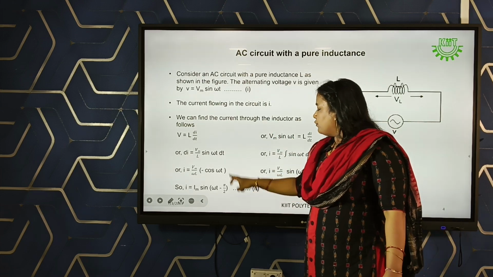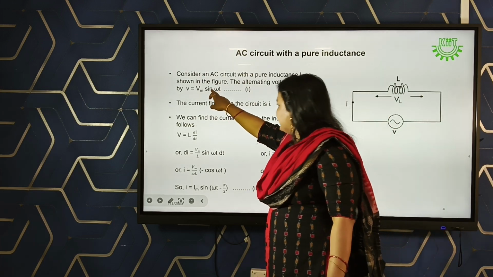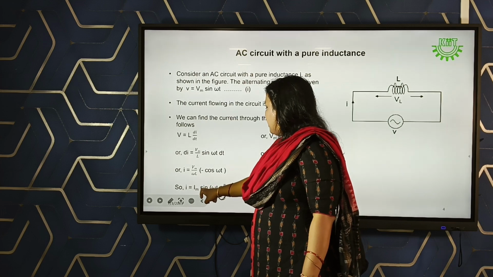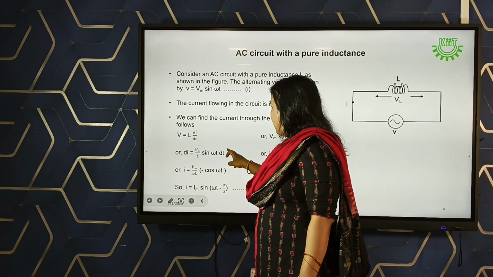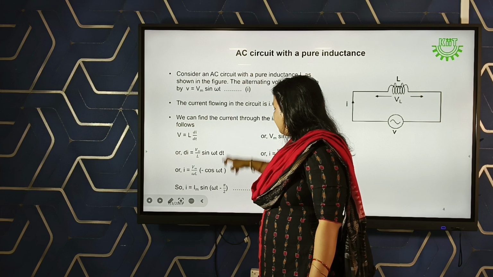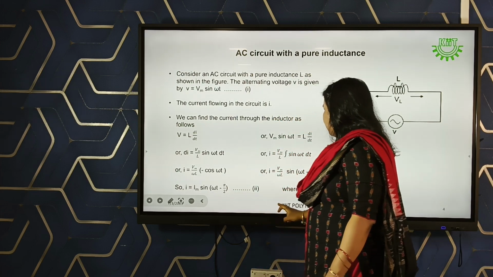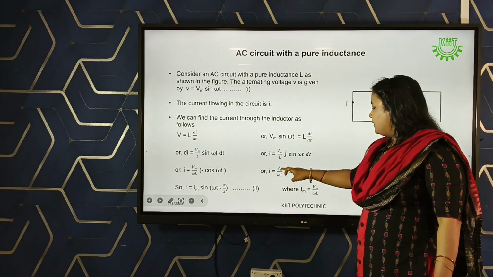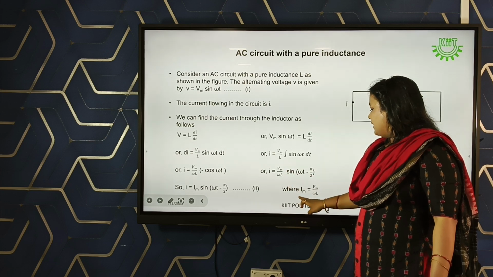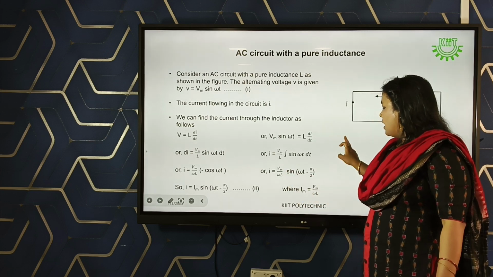So these are two equations. We can see that here only sin omega t is there, but here we are getting sin omega t minus pi by 2. The angle difference is minus 90 degree. Here we have written Vm by omega L, which is equal to Im.